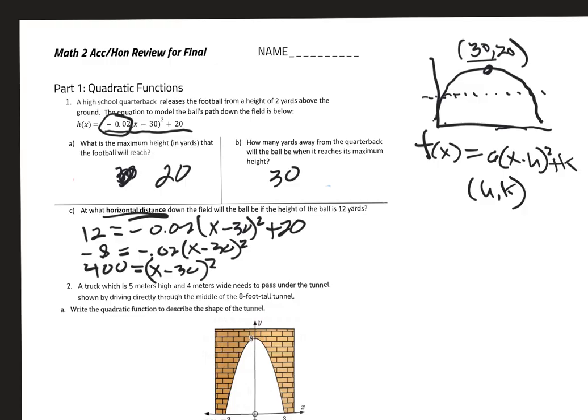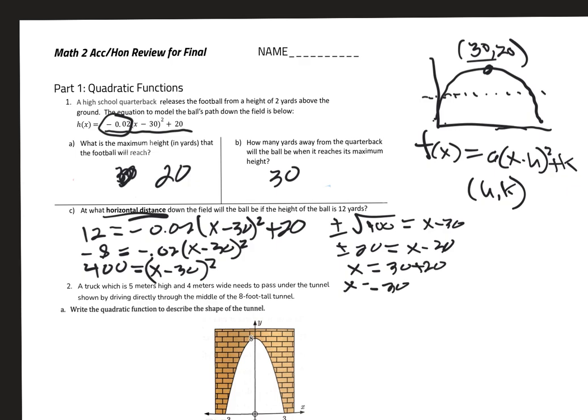We're going to take the square root of both sides, and the thing to remember is that when we do that, we get positive or negative square root of 400 is equal to x minus 30. The square root of 400 happens to be 20, so we get positive or negative 20 is equal to x minus 30, which means that x is equal to 30 plus 20, and x is equal to 30 minus 20.